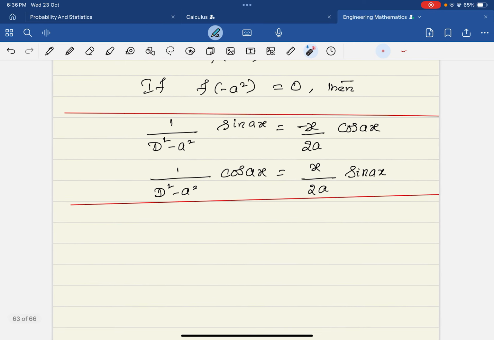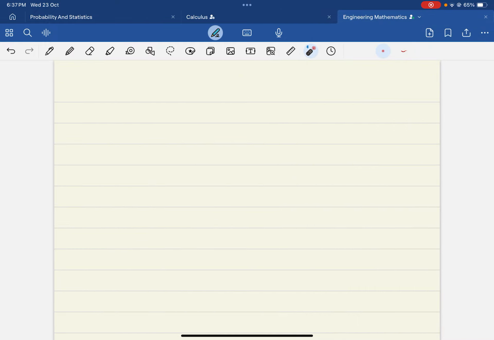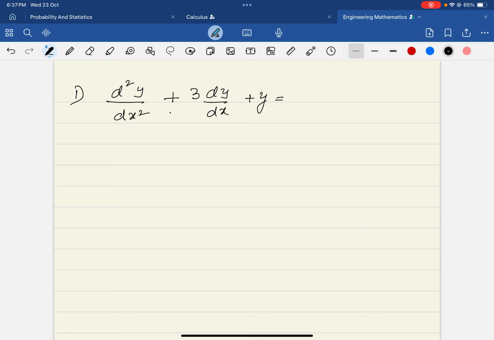Okay, let us now solve a problem which is in form 2. Solve the differential equation d square y over dx square plus 3 dy by dx plus y is equal to sine 2x.